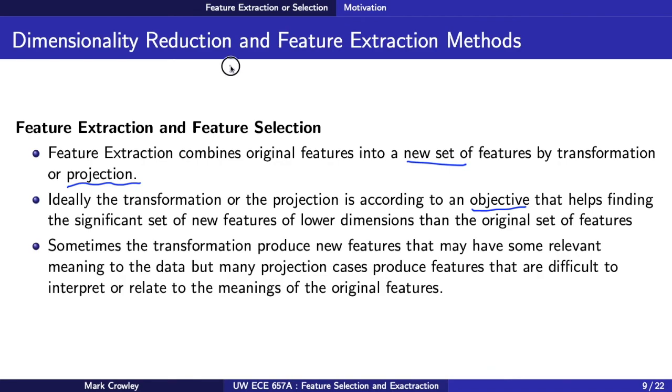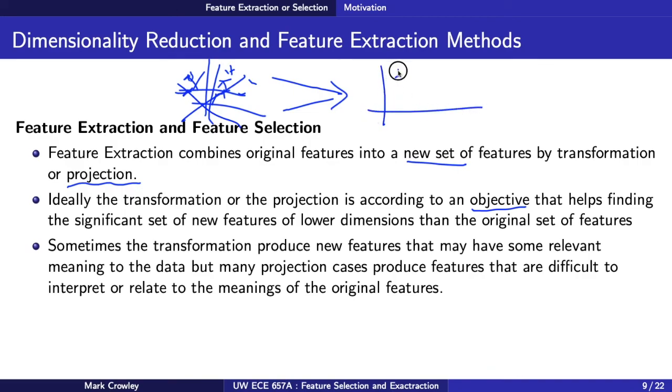Imagine you've got some very high dimensional data set, and I can't draw in 8 dimensions, but imagine I could, and you've got your data points everywhere. If you're projecting it down to 2 dimensions, you want to ask, is there some relationship here where they are all in some useful pattern?